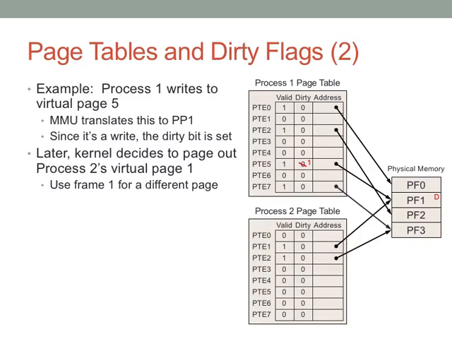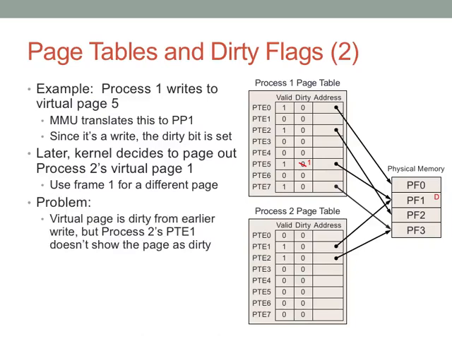Later, stuff happens. Process 2 is running, or maybe not running, but somebody decides it's time to evict one of these frames. So it says, I want to evict virtual page 1 from process 2 out of the physical page frame so that I can use it for something else. The only issue is that that page table entry doesn't record that the page is dirty.